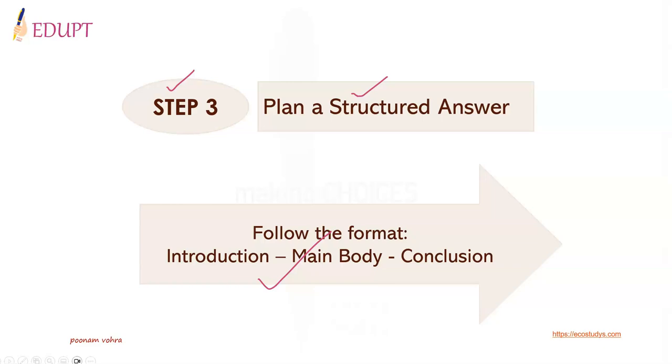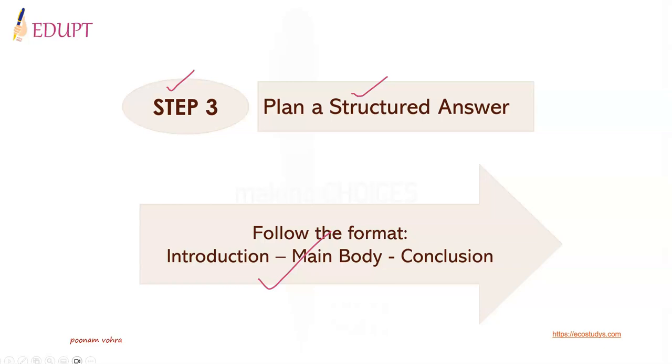Then the main body, that is, divide your answer into points or paragraphs based on the subtopic or the requirement of the question. You must use headings, bullet points, or numbering to make your answer very clear and organized. Then include relevant concepts, theories, and diagrams if needed.